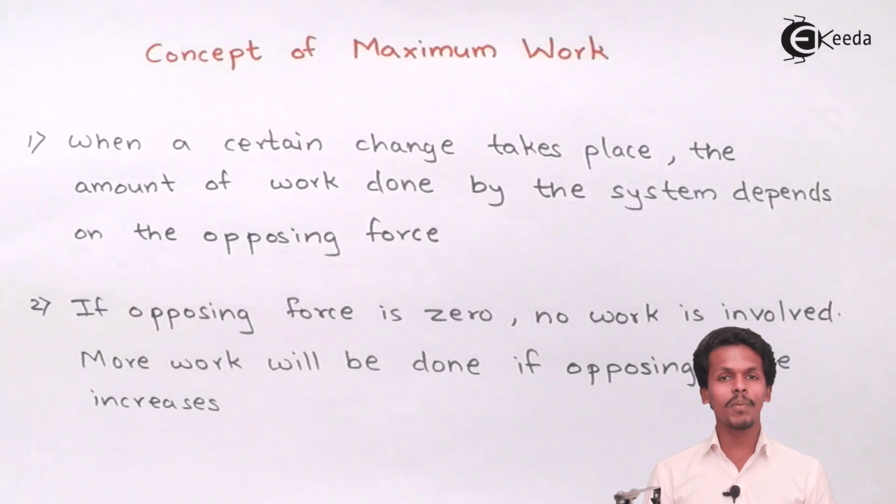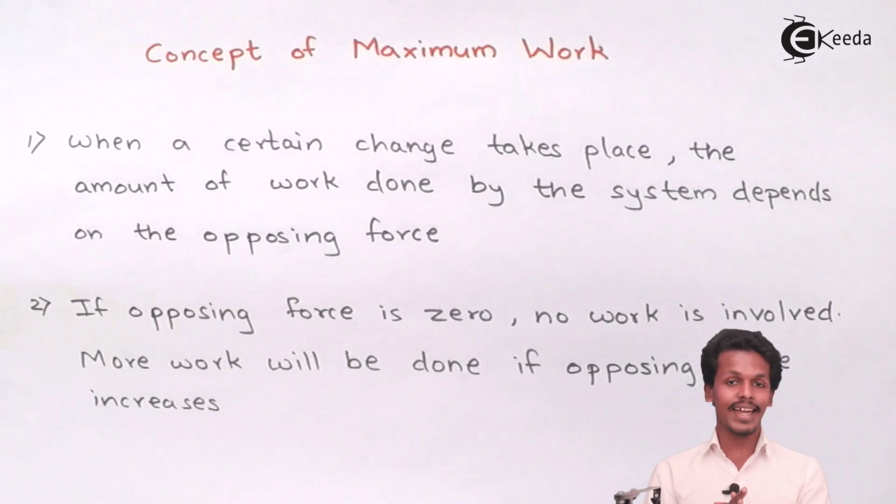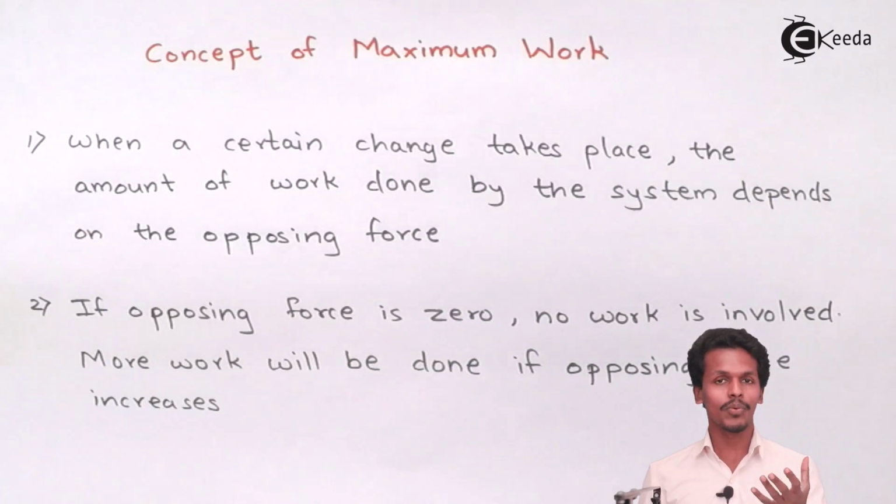So the work depends on the opposing force. If the opposing force is more, then the work done could be maximum. It depends on the external pressure, that is, the opposing force.